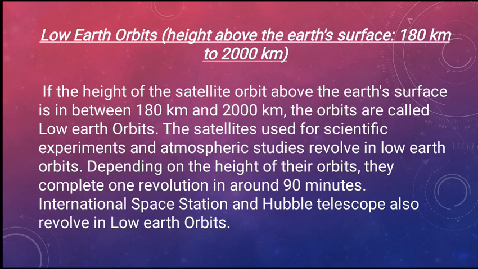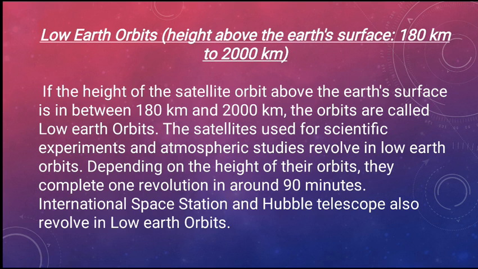Now the last, the third one, low Earth orbits. You can see the height above the Earth's surface is 180 km to 2000 km. So, if the height of the satellite orbit above the Earth's surface is between 180 km and 2000 km, the orbits are called low Earth orbits.